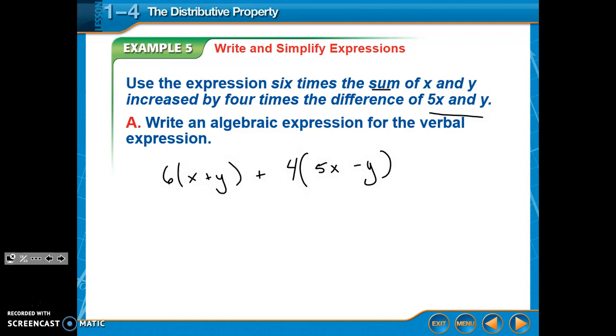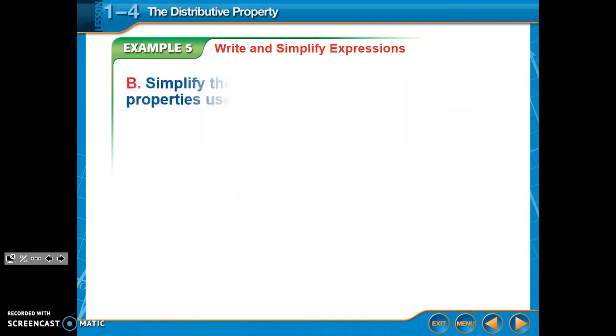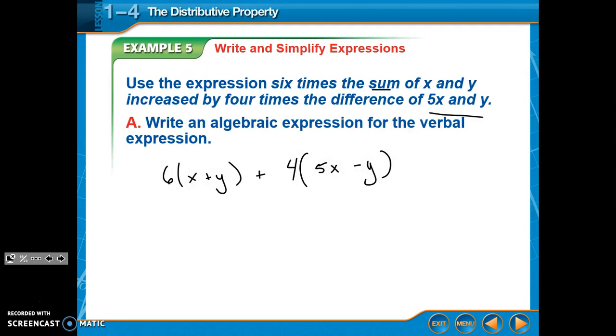Difference means subtraction. Okay, so write the algebraic expression for the verbal expression. We just did that. Now the next part is to simplify the expression and indicate the properties used. So I'm going to come back to this slide here and do it here. So first thing I'm going to use is the distributive property because I have these parentheses. I can't simplify inside of the parentheses because they're variables. I don't know what they are.